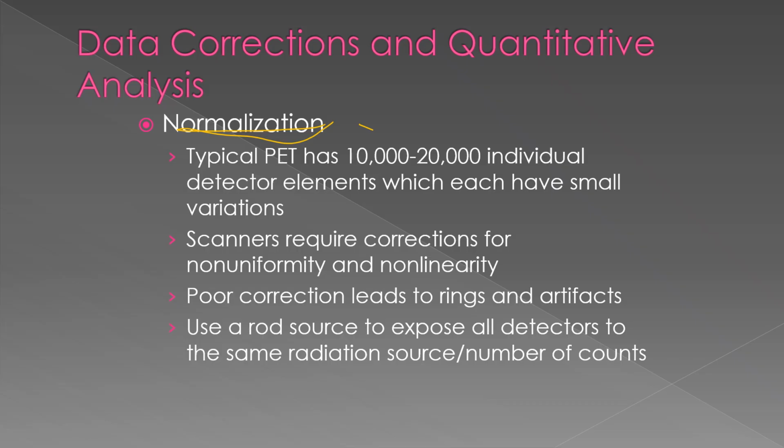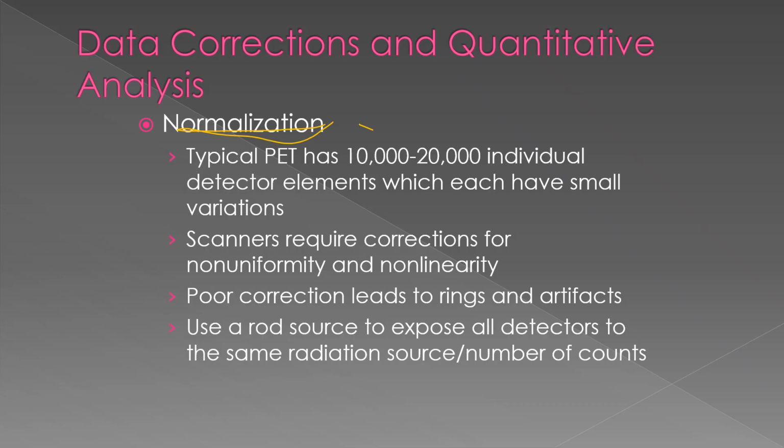Normalization scan is a check that we do every day. That's sort of like our uniformity. But the normalization that we do monthly, that is like a uniformity correction map.